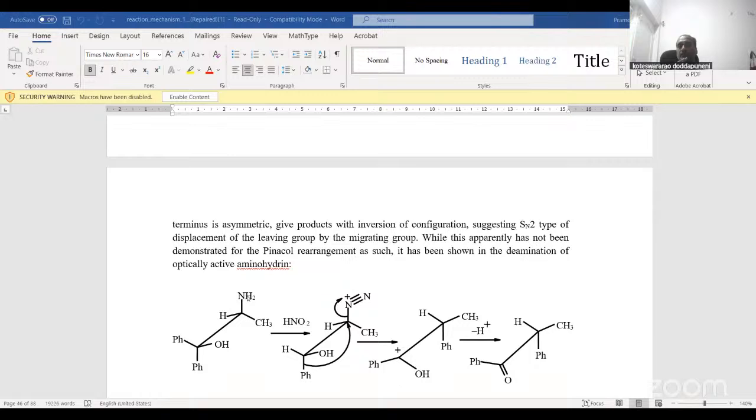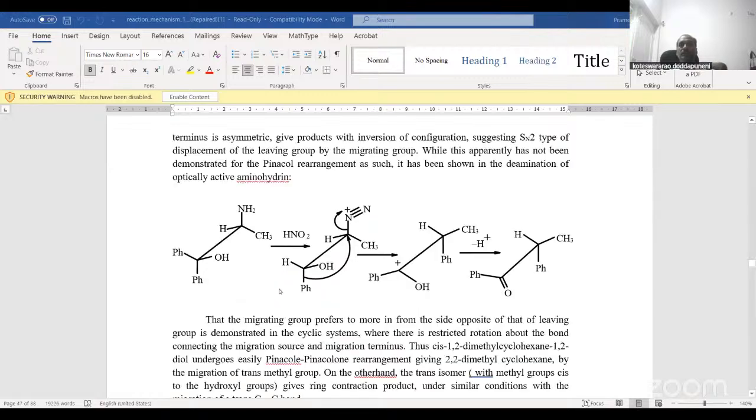While this has apparently not been demonstrated for the pinacol rearrangement as such, it has been shown in the deamination of optically active aminohydrin.